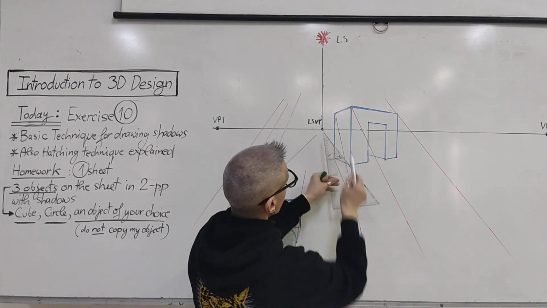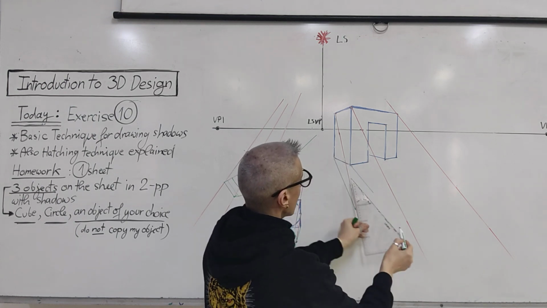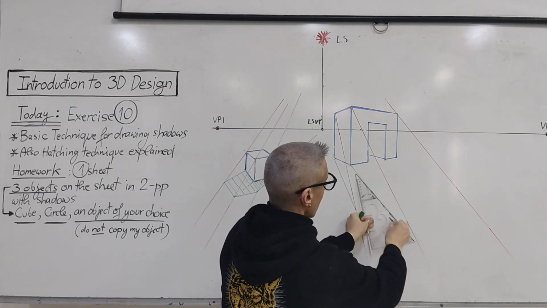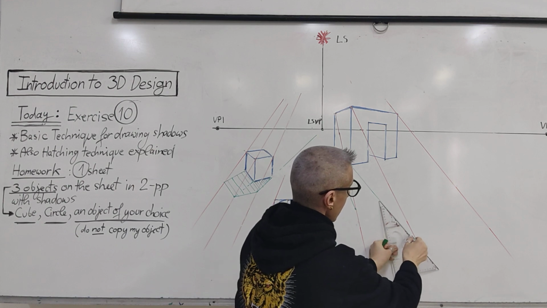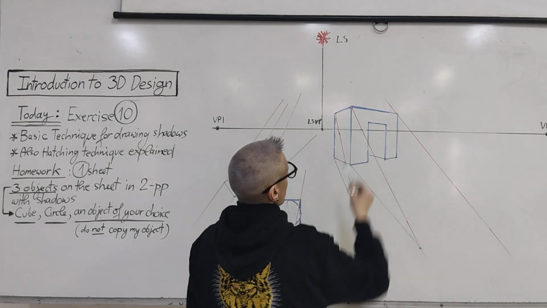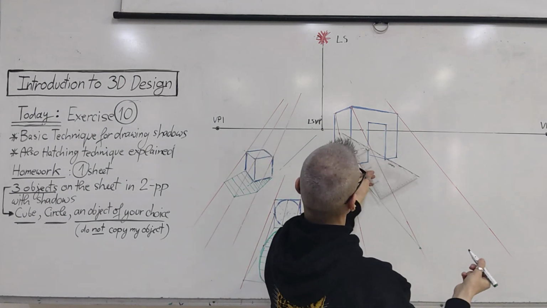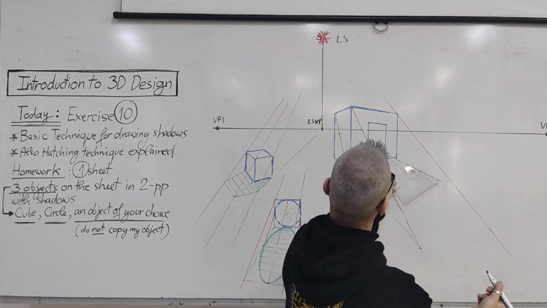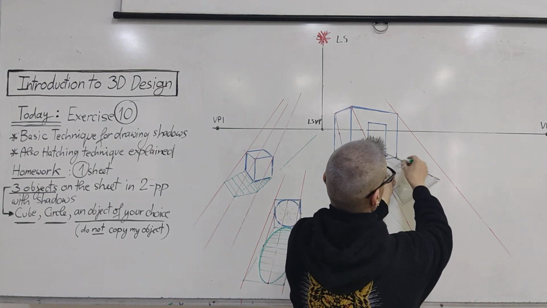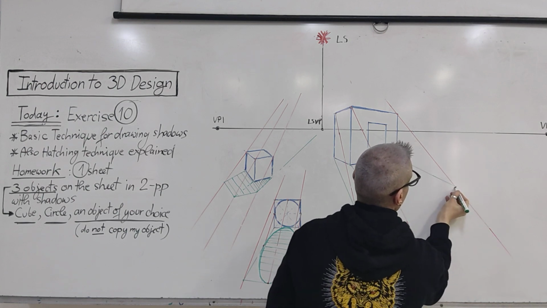This point through the light source vanishing point, and we see where they will intersect, mark it, okay? The same thing with this. We have the upper point, now we have the lower point. The lower point through the light source vanishing point. And see where they will intersect.